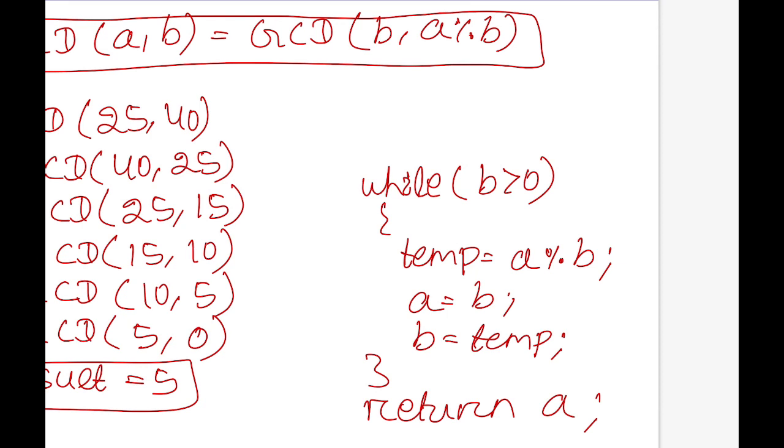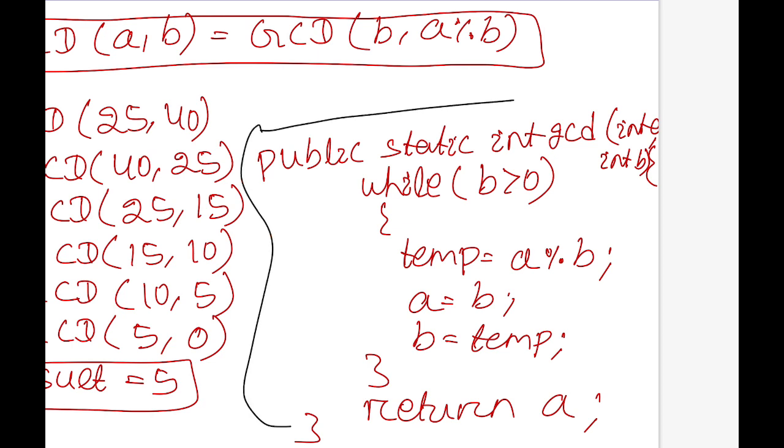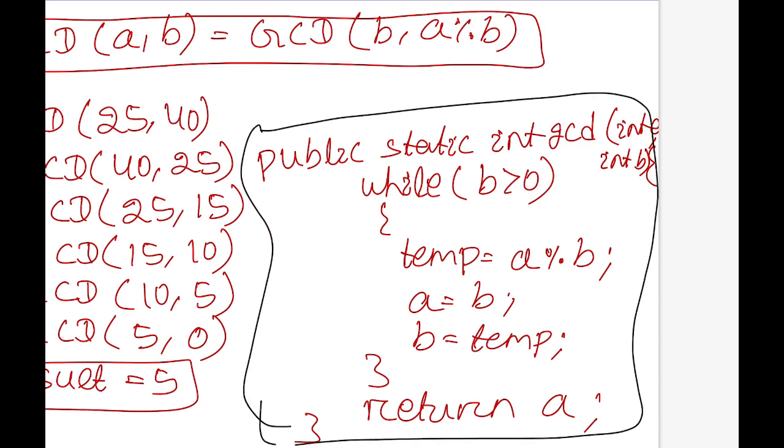We can add the method header like this: public static int, assume the method name is GCD, and it takes two parameters, int a and int b. So this is the complete method to find the GCD of two numbers.